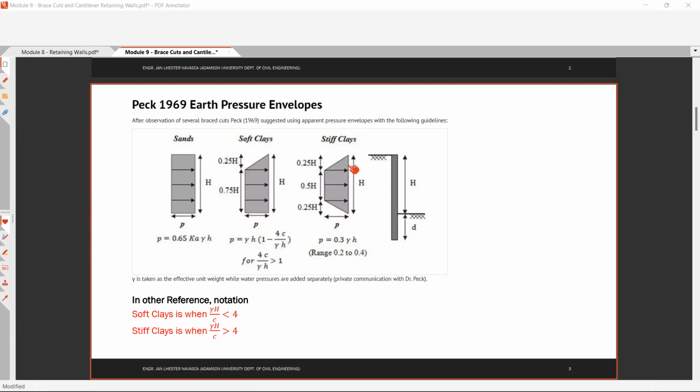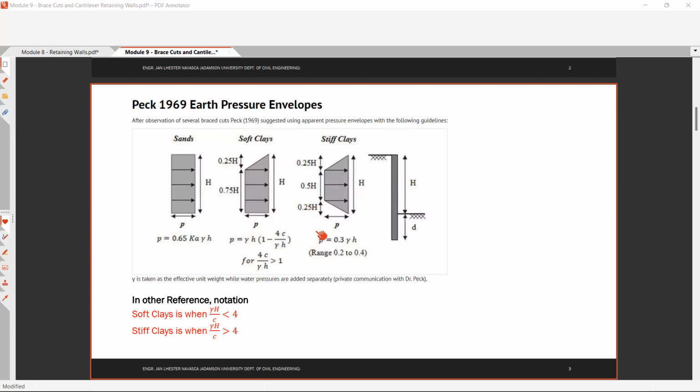Isosceles trapezoid. Okay. So for this one, from 0 to 0.25 H, we have an increasing pressure from 0 to P, where P is equal to 0.3 gamma H. Then from 0.25 H to 0.5 H, we have a uniformly distributed pressure P. And from 0.75 H to 1.0 H, we have a linearly decreasing pressure from P to 0.